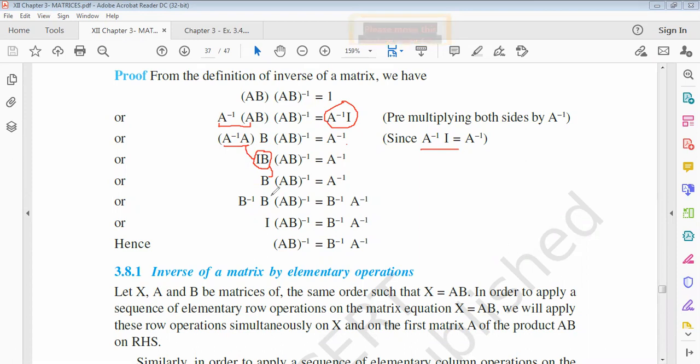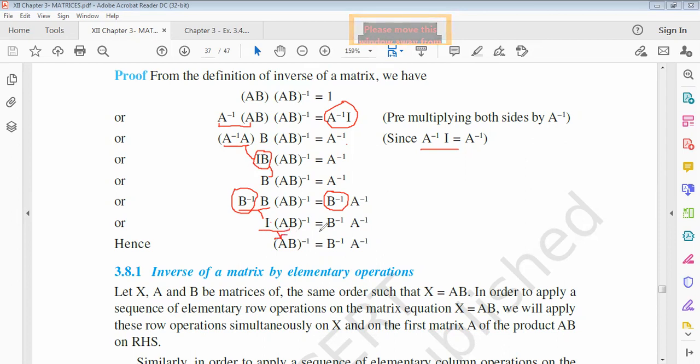Now pre-multiplication by B inverse, multiplying both sides by B inverse. B inverse यहाँ multiply किया और इधर भी B inverse multiply कर दिया. Now taking together B inverse B equals I, and I multiplied by (AB) inverse, multiplication of the identity matrix with a matrix gives the matrix itself.